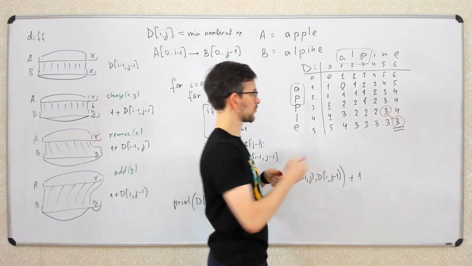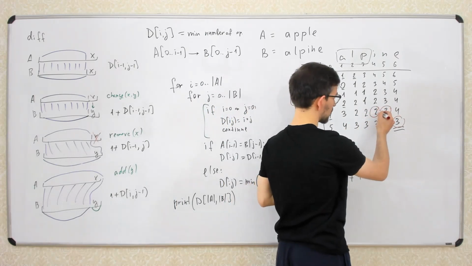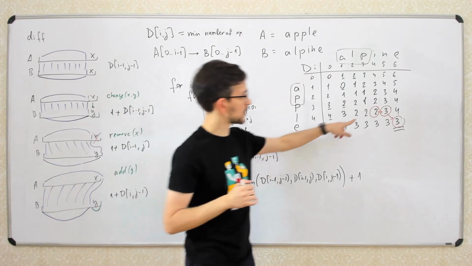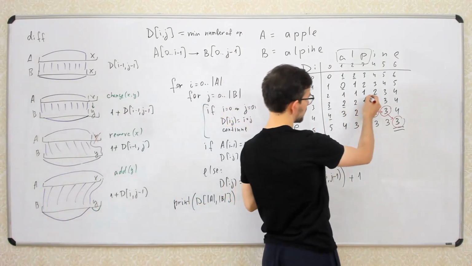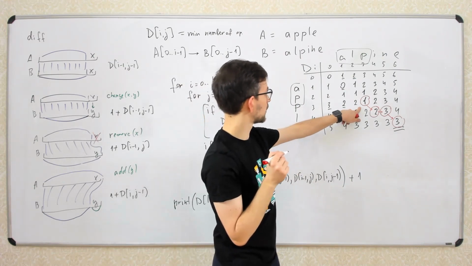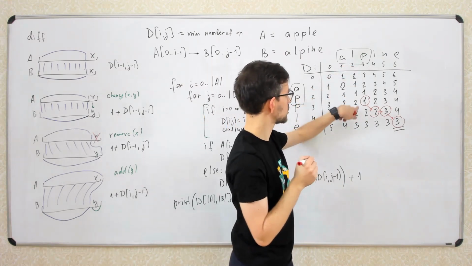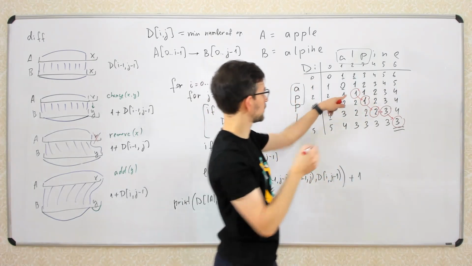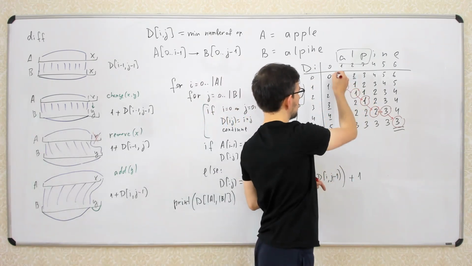Let's say we go from this cell. So we go from this cell to this cell, making +1. And how did I get these two? Well, I go from here. And how did I get this one? I have the same characters here, so I just go from here. And here I go from here, and here I go from here.